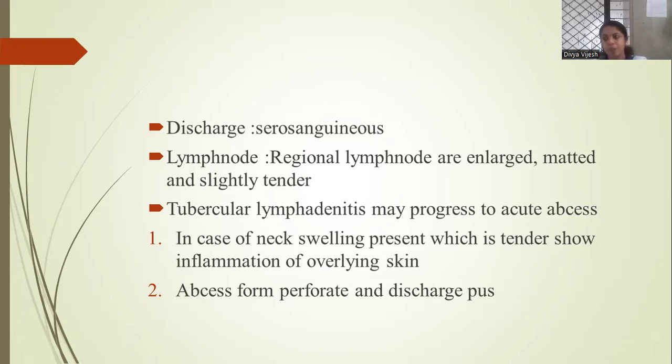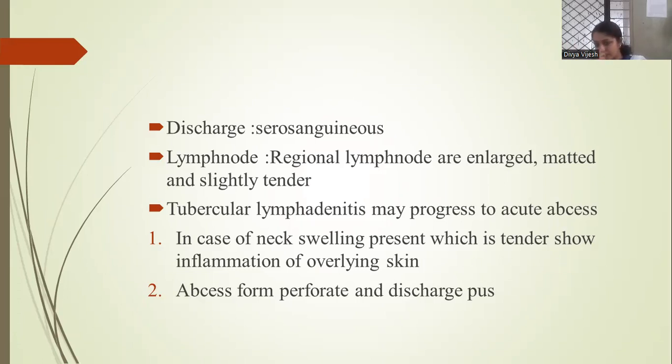And you have to check for the lymph nodes also, because in tuberculosis, one of the main symptoms is the enlargement of the cervical lymph nodes. Okay, and oral ulcerative lesions in tuberculosis are not so common, but when you see a tuberculous ulcer in the oral cavity, it is mostly on the tongue.